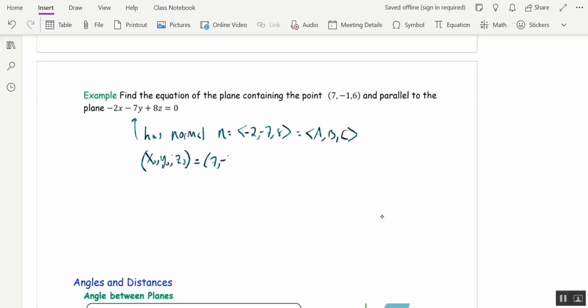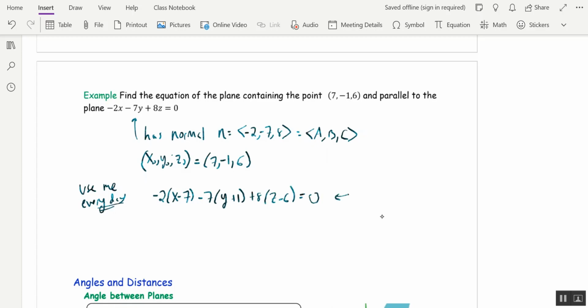That's 7, -1, 6. So if we do the Use Me Every Day, we get -2 times x minus 7 times y plus 1, and then plus 8 times z minus 6 equals 0. And I do want to see that line in your work whenever you find the equation of a plane.